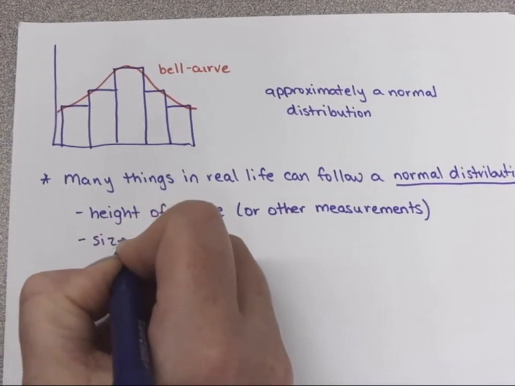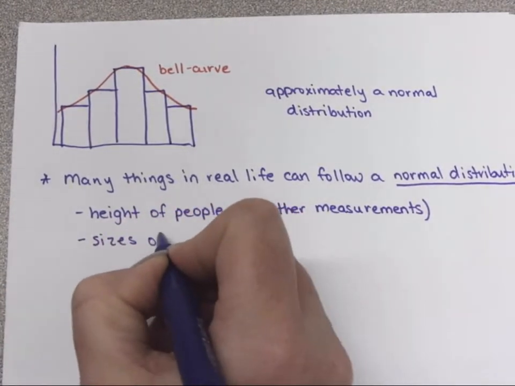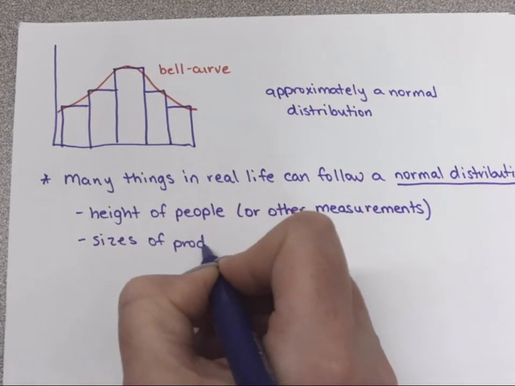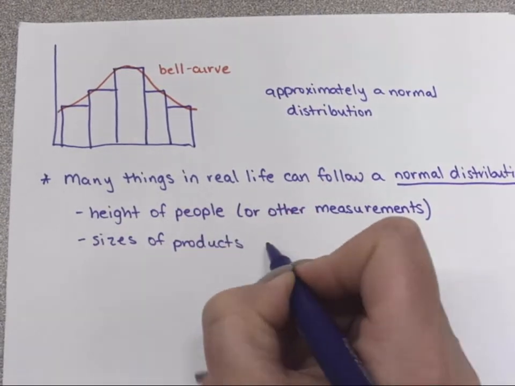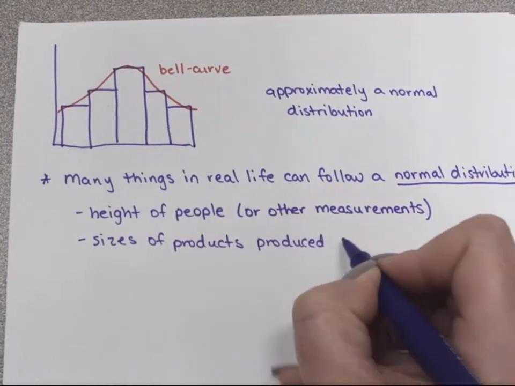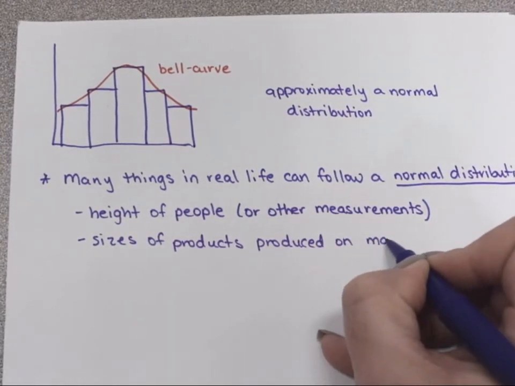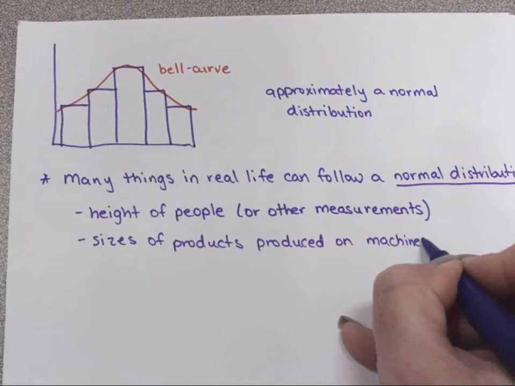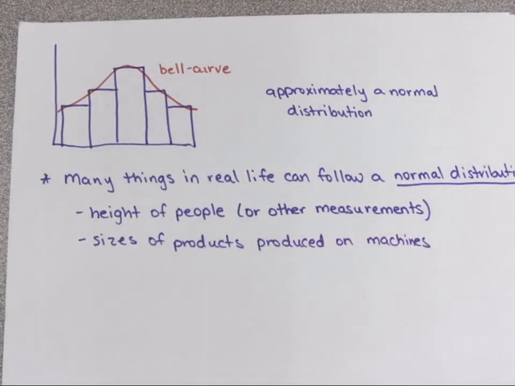But sizes of products produced on machines will also follow a normal distribution. Although with the accuracy of production, usually it's fractions of even a millimeter sometimes. It's usually very, very small.